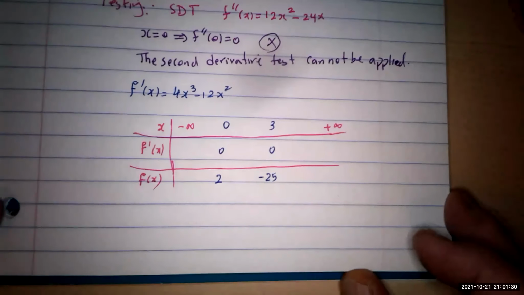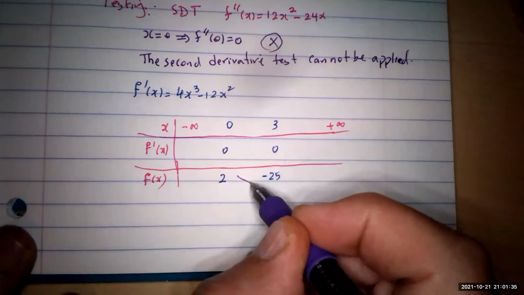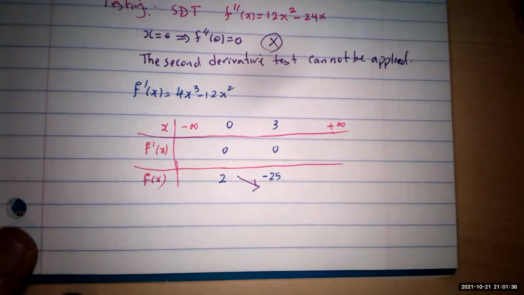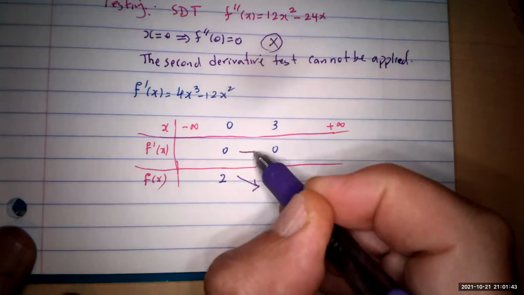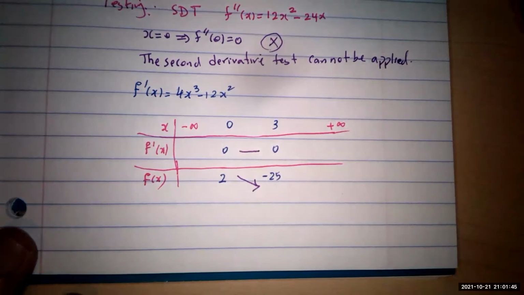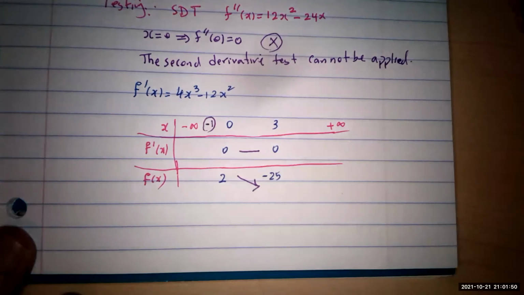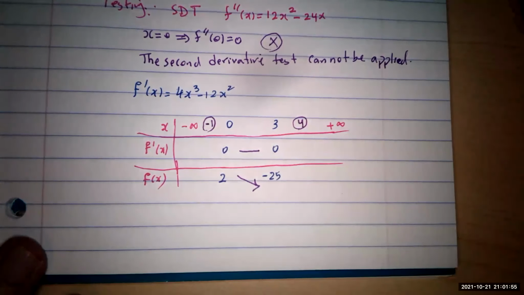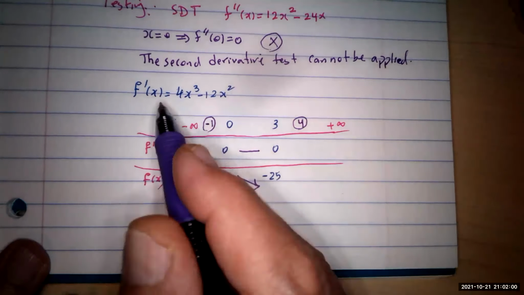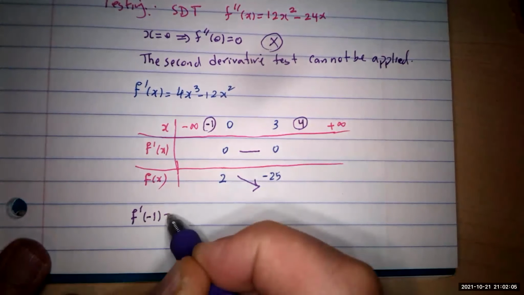It's like the one that I did for you. This is negative, so far this is going down. So again, you have to check 2 numbers here. Check a number here like -1, and a number here like +4. So what is f prime of -1?